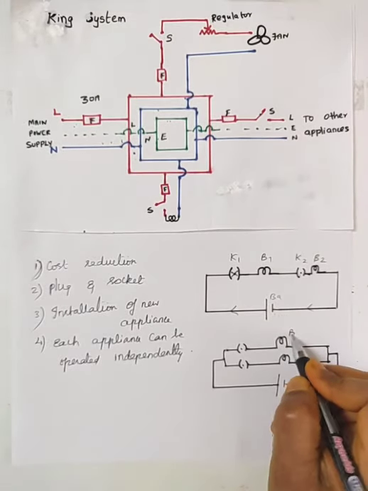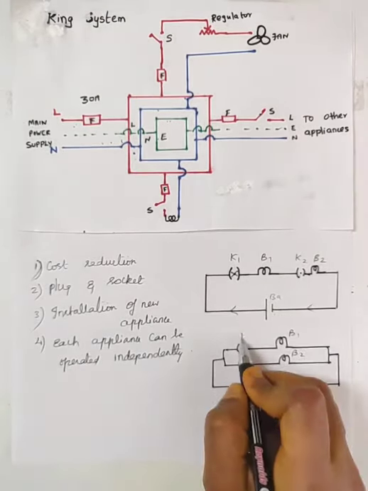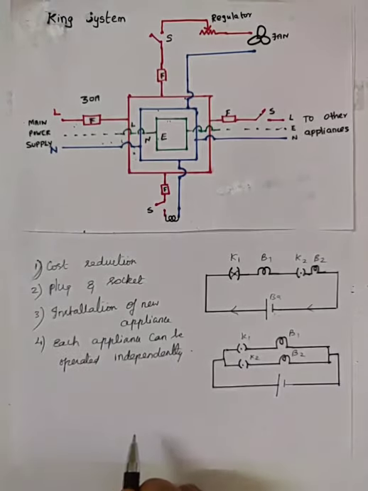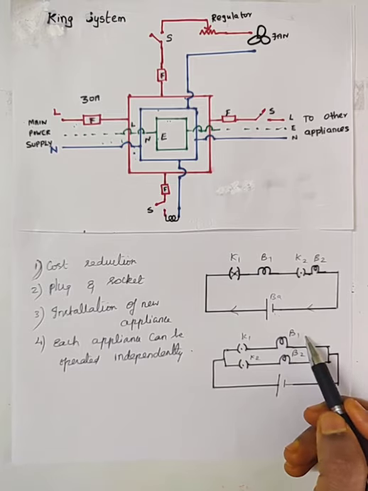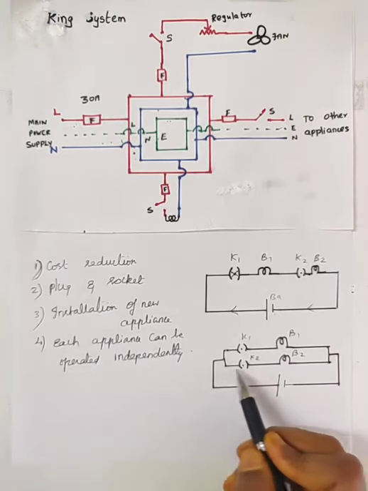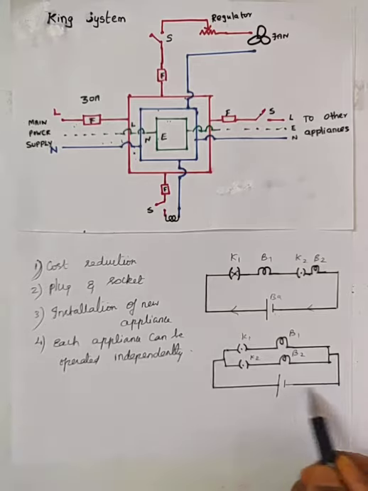Here the two bulbs B1 and B2 are connected in parallel. Suppose the fuse of the bulb B1 blows off. The bulb B2 will continue to be connected in the closed circuit.